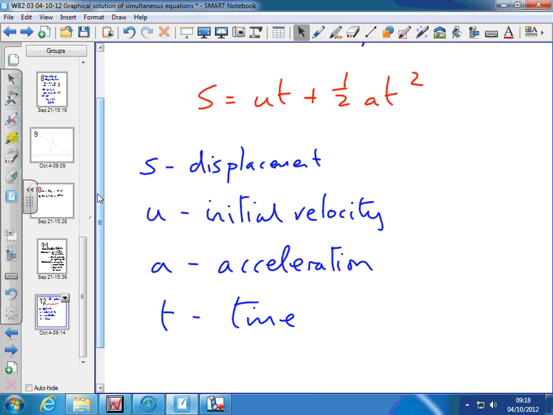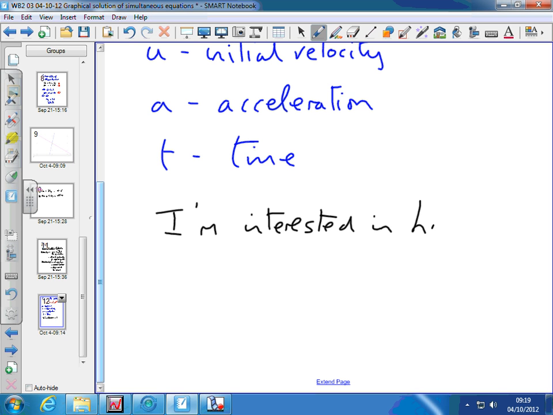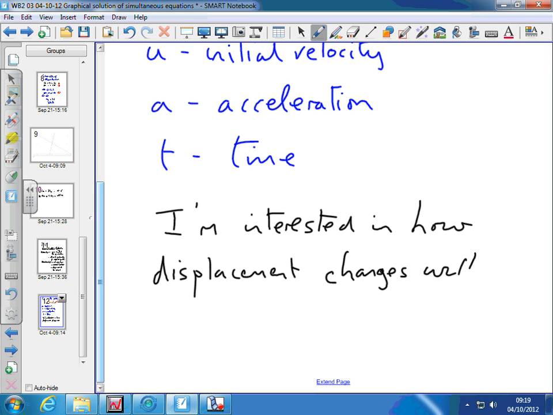I'm interested in how displacement changes with time.